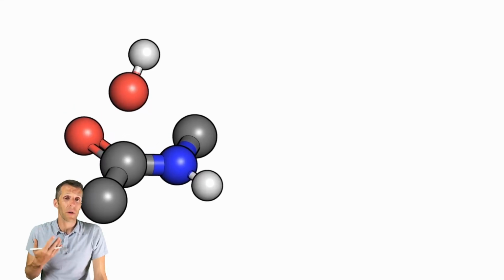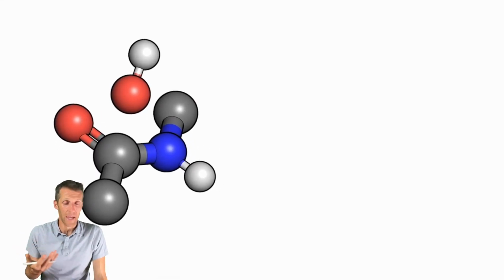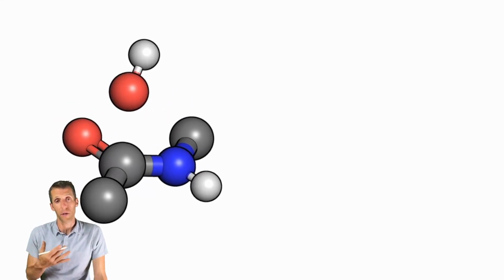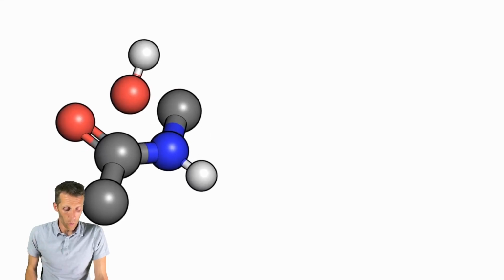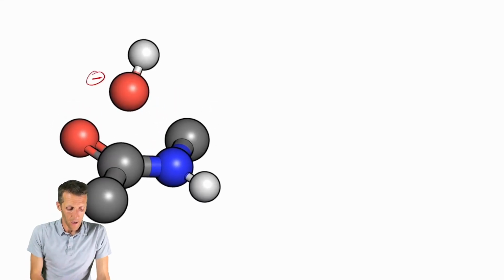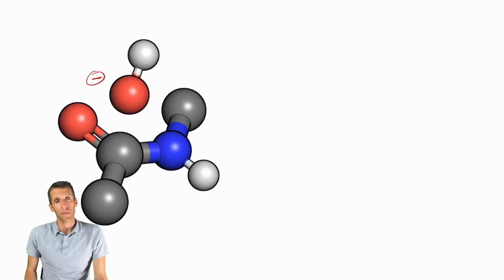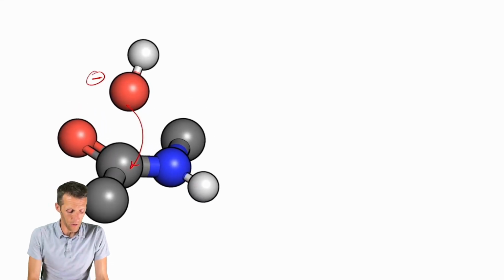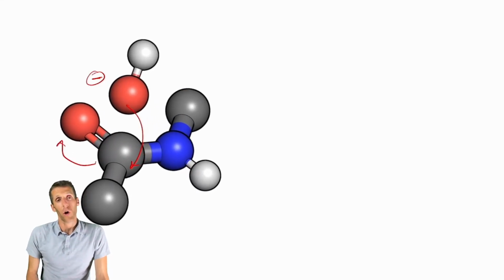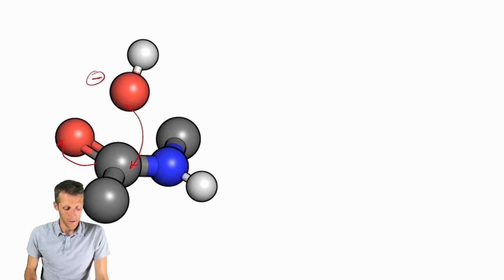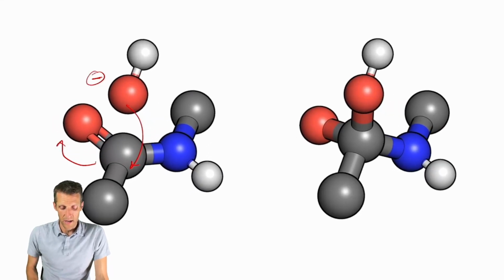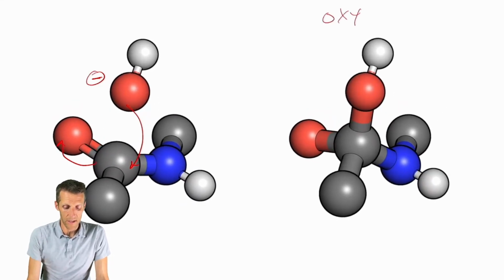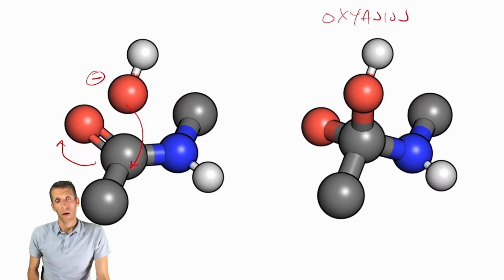And then say an enzyme is catalyzing a proteolysis reaction, which we're going to talk about in a little bit. What happens there is you have a negatively charged oxygen, I'm showing this as a base, that does a nucleophilic attack on a carbon, and that creates this oxyanion intermediate.